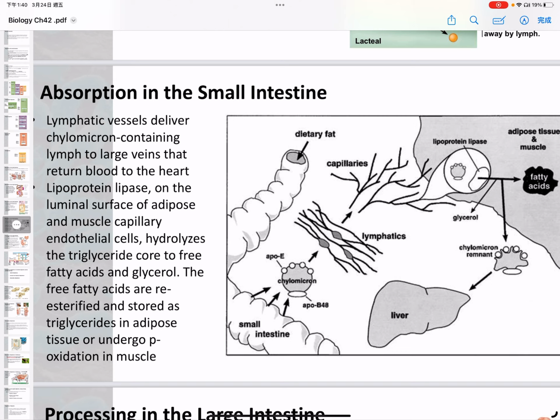Then what if our bodies have enough energy and don't need these fatty acids? If it is in adipose tissue, the fatty acids will be recombined or re-esterified, 酯化, and stored as triglycerides in adipose tissue. And if it's in our muscle, it will undergo beta-oxidation in the muscle.